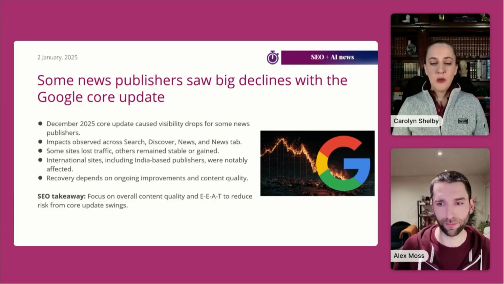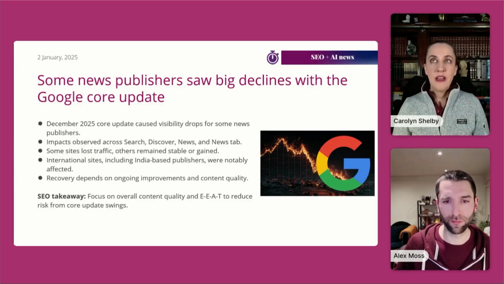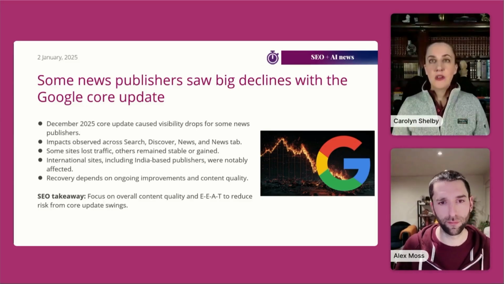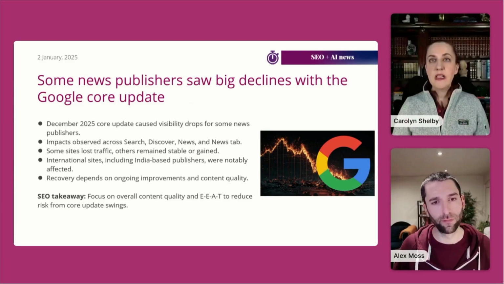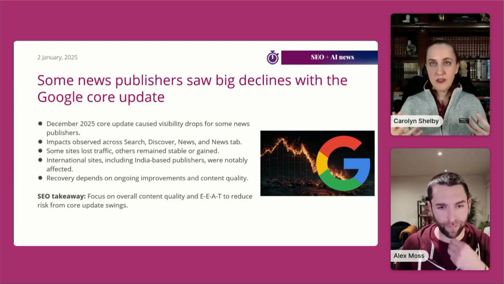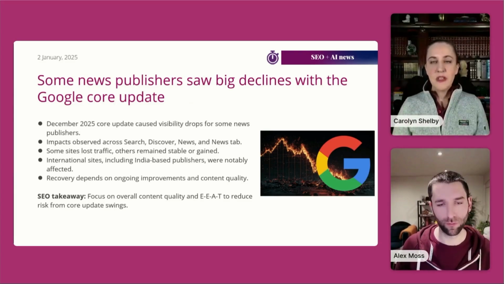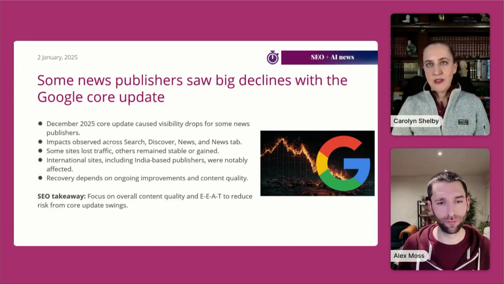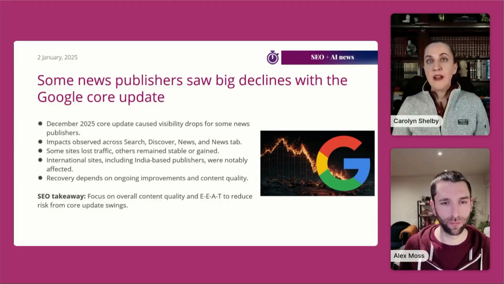If I had to guess how they did it, I would imagine it was something like, if the user is in America, show preference to American publishers. Same for England, things like that, because it doesn't make sense to show American news on a non-American website. So that was all interesting.